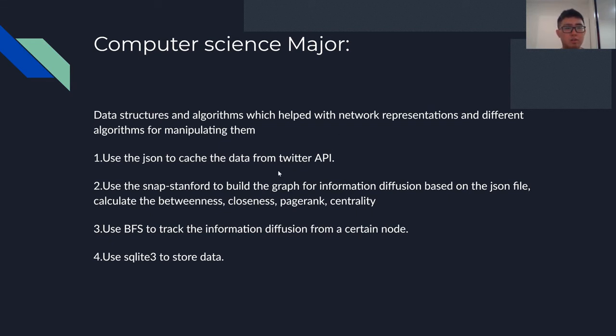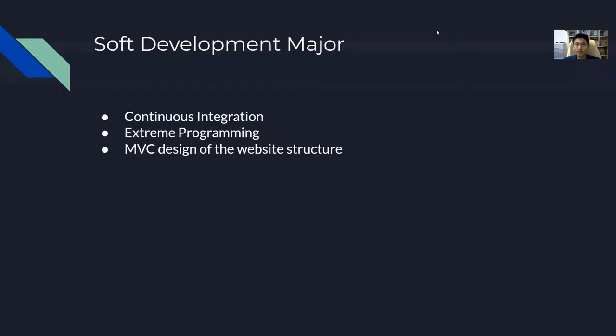I use the snap Stanford module to build the graph for information diffusion based on the JSON file. Calculate the betweenness, closeness, page rank, centrality of each node. Using the BFS to track the information diffusion started from a certain node. Using the SQL to store the data.